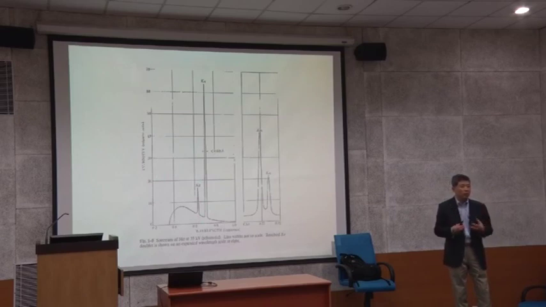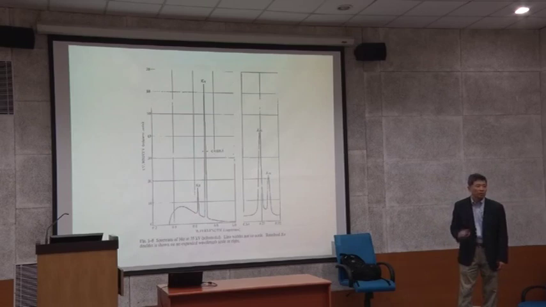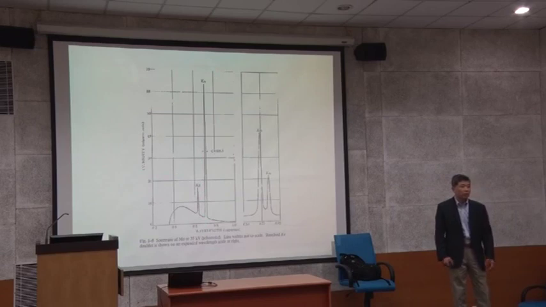For example, if your anode is copper, you cut this energy using a nickel filter, whose absorption edge is very close to here. So you absorb the K beta line, and you only keep the very strong K alpha line.